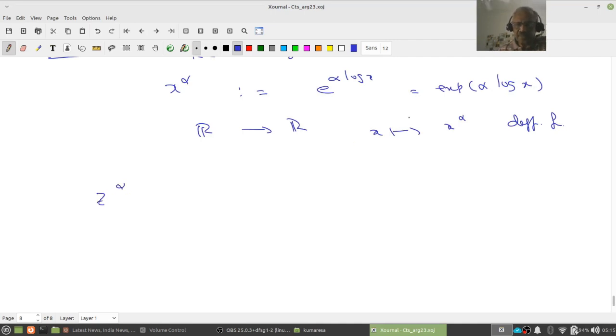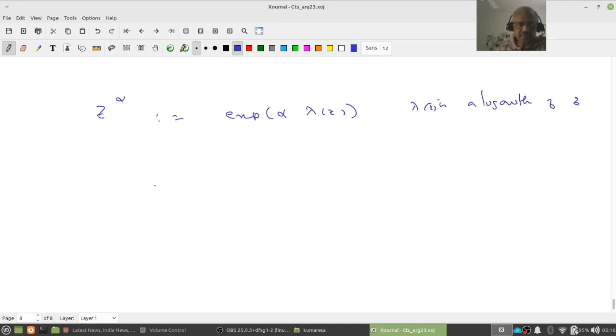If I want to mimic this definition, so z power alpha, I can define it to be exponential of alpha into lambda z, where lambda z is a logarithm of z.